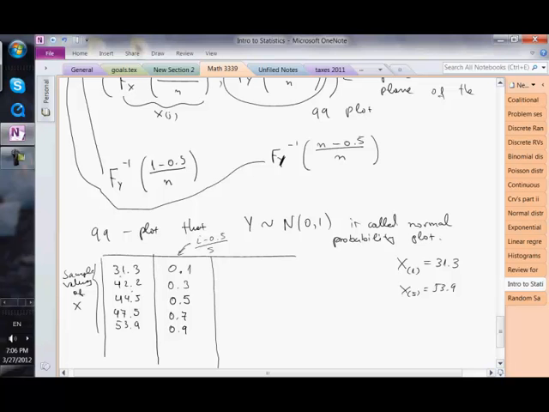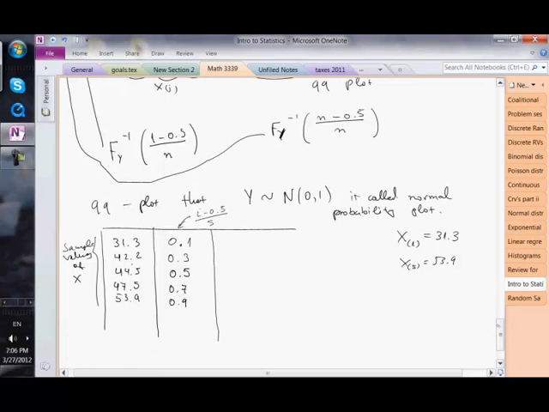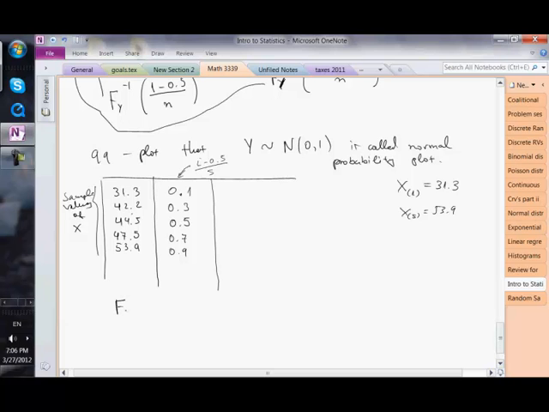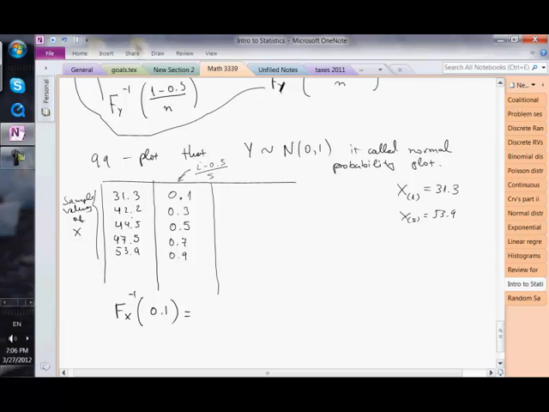What exactly do I have in this table? What I'm saying is that what this table facilitates, let's write it below the table, is that F sub X inverse of 0.1. This is not exactly the inverse as you did it in calculus, but it's the way I assign the inverse, because you have an empirical CDF, and the empirical CDF is not invertible because it's not strictly increasing.